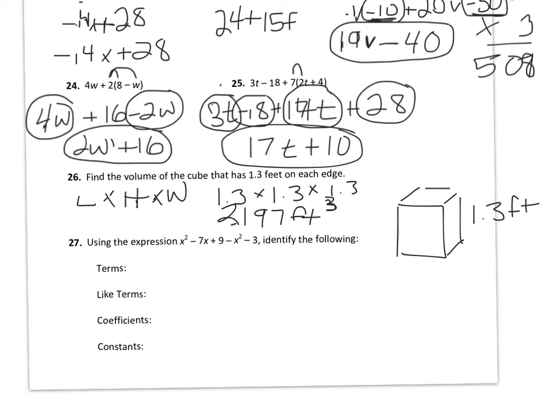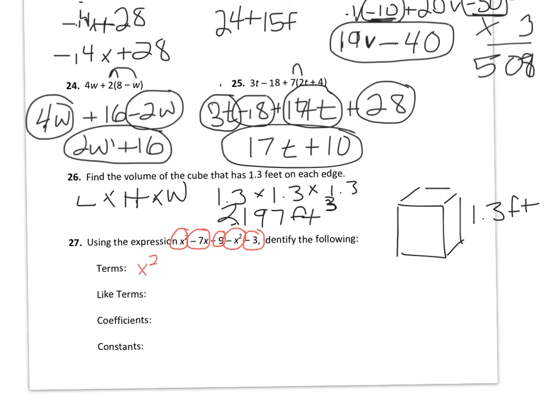27 says, using the expression x squared minus 7x plus 9 minus x squared minus 3, identify the following. And we talked in class how you can just circle these terms, making sure that the negative stays in front. And that's exactly how we would list the terms.